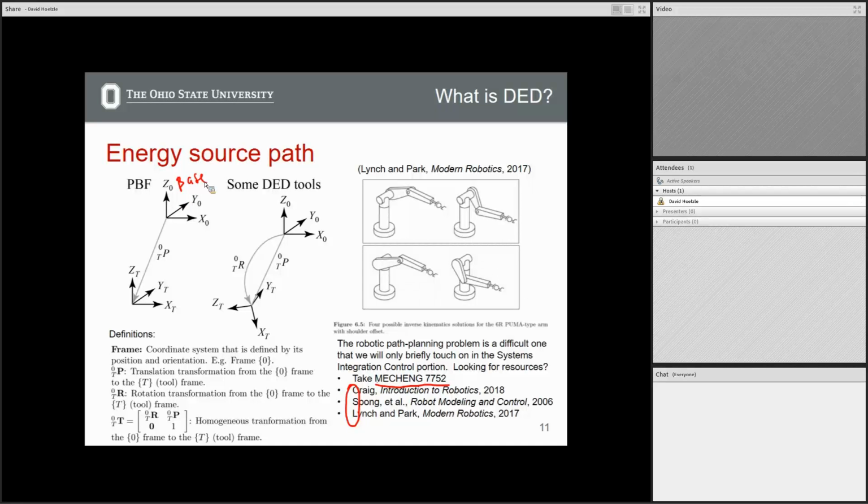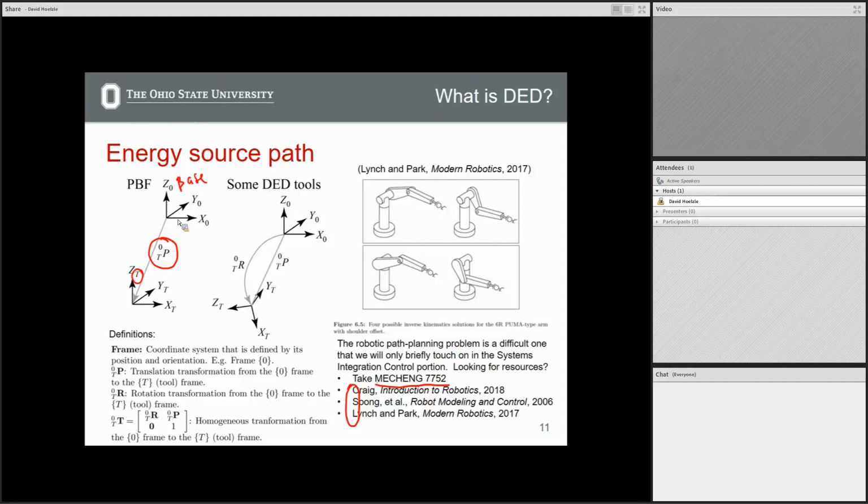You specify this is my base, and then where your laser is, you can define as a translation from that position: X, Y, Z. So we say the laser is at position 1, 1, 2, etc. This is given by what's called a translation operator, which translates from the zero frame to the tool frame, which is given here. The frame is basically a coordinate system. A coordinate system has a position and an orientation associated.